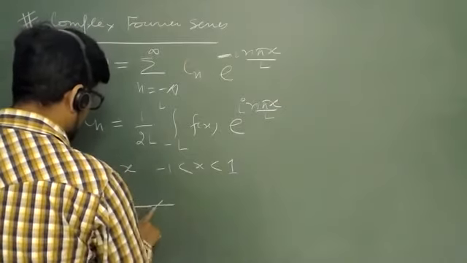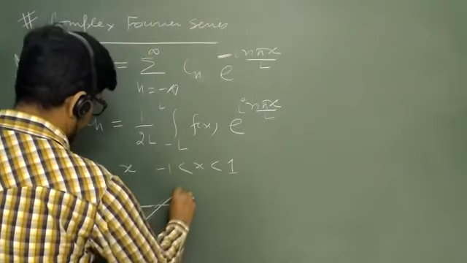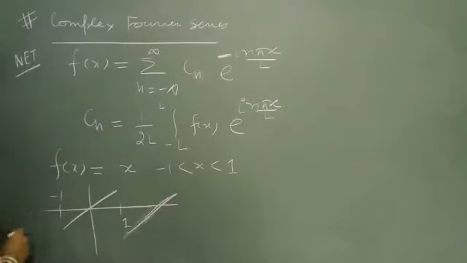ये बताया हुआ है ना पहले भी. Same thing will be like this, and this side also it will be so. Okay, so same pattern will be repeated on the both sides, but this is the pattern actually.